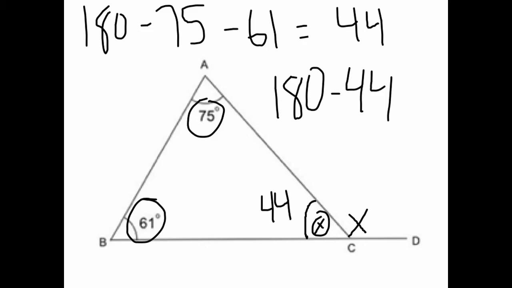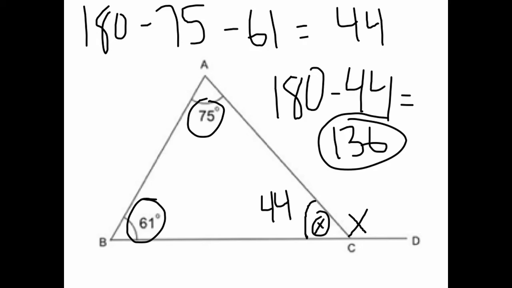Now, if I subtract 44 from 180, I'm going to come out with 136 degrees. So the measurement of angle ACD is 136 degrees. All right, guys, we should feel pretty confident with this. Let's go ahead and practice.